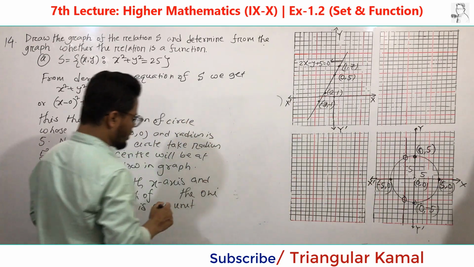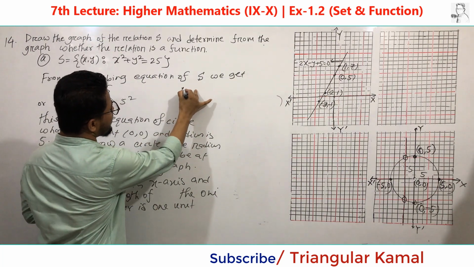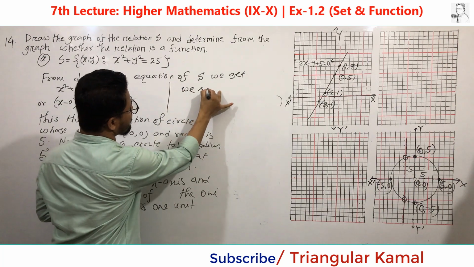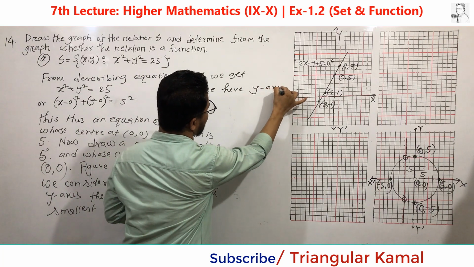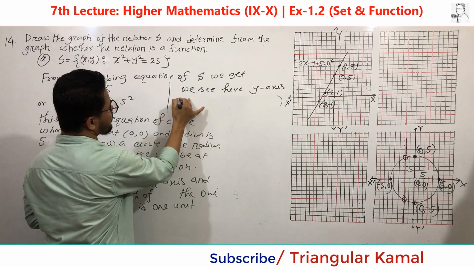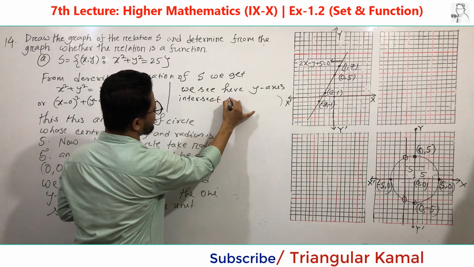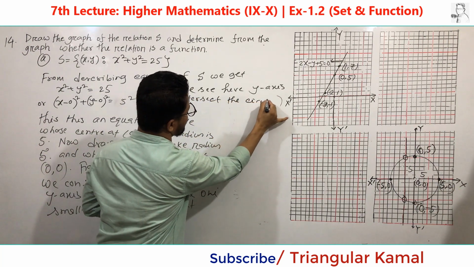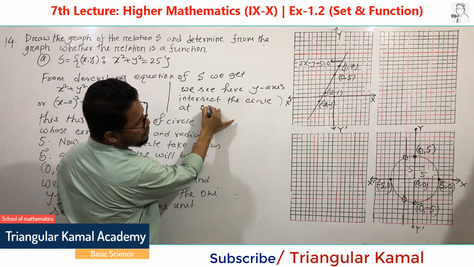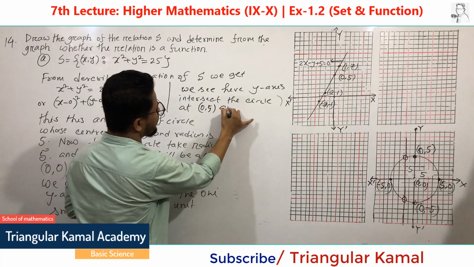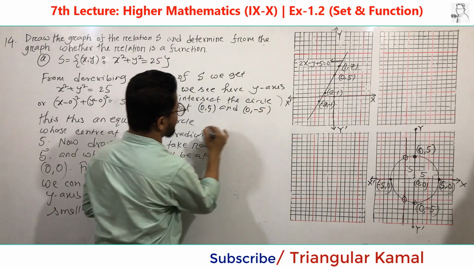So now you have to write here, in the second part: the y-axis intersects the circle at (0, 5) and (0, minus 5).